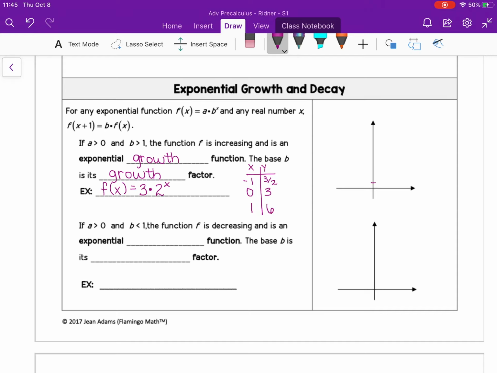So thinking about those numbers, 0, 3, negative 1, 1.5, and 1, 6. That is a growth. Notice, no matter how small my negative number is, so like if it's negative 100, that's still going to be a really tiny decimal.